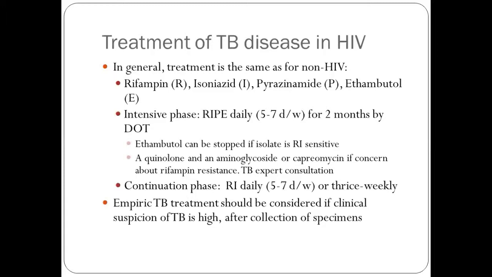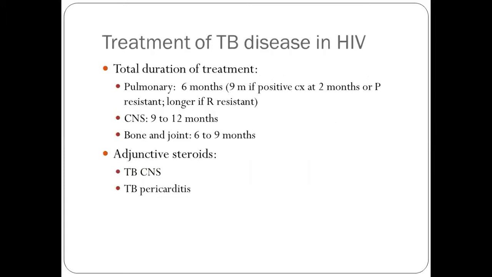So you don't necessarily have to wait for the cultures to start growing, meaning 3-4 weeks later, to start an empiric regimen if your clinical suspicion is high. And this is just because diagnosing tuberculosis in somebody who has HIV sometimes becomes so challenging and so difficult that it may not be a good idea to wait another month or so while you're waiting for the cultures.